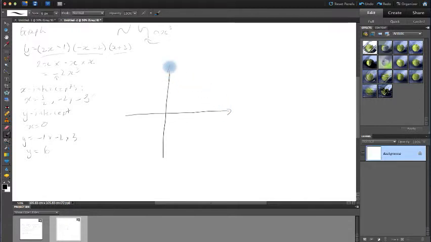Okay, so labeling our axes, that's the y-axis, that's the x-axis. Put in all our information, so x could be a half, minus 2, or minus 3. Y-intercept is 6.